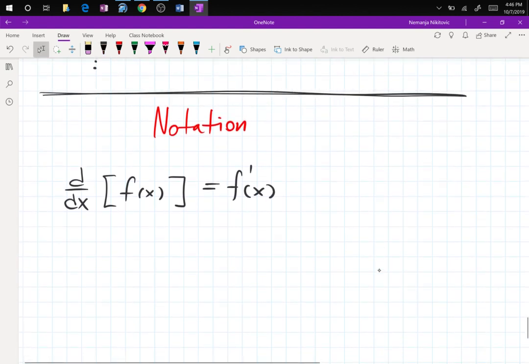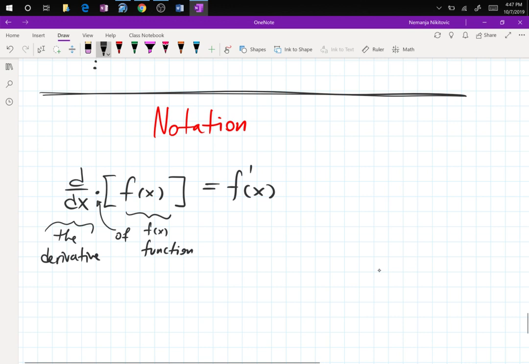It is read the derivative. There's a d over dx here, which is always read as "of". And then this one over here is f of x, the function.